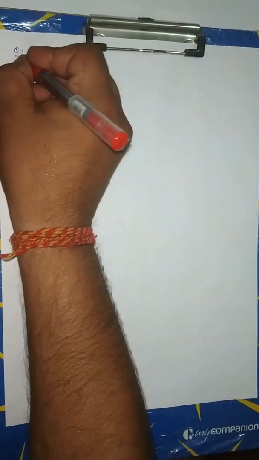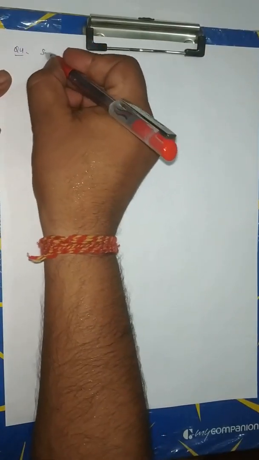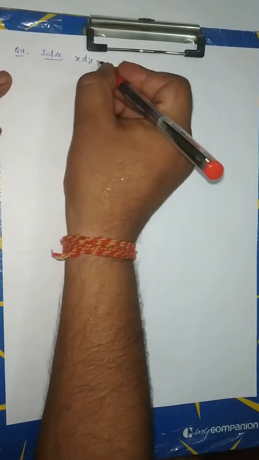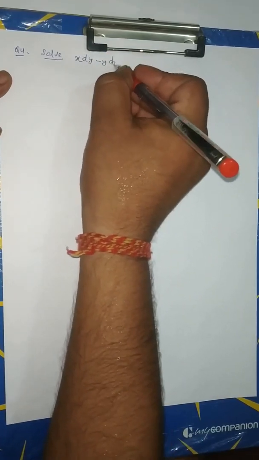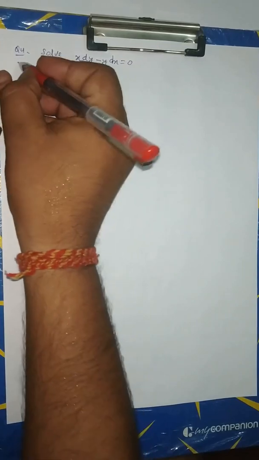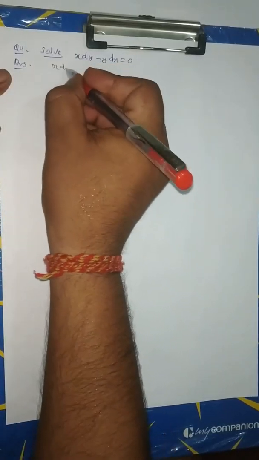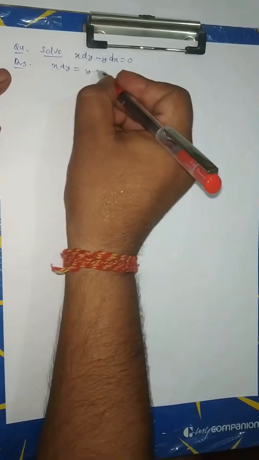Okay student. Now next problem, question number 4. Solve x dy minus y dx equal to 0. Now answer: x dy equal to y dx.